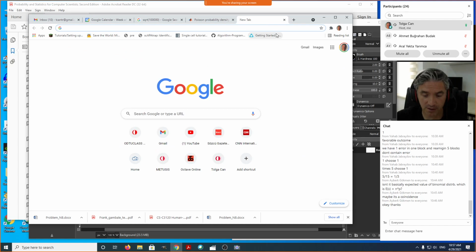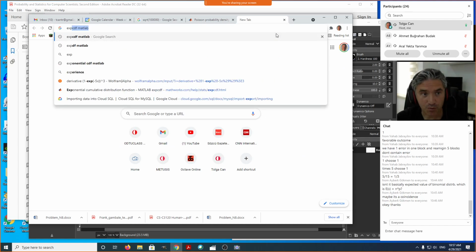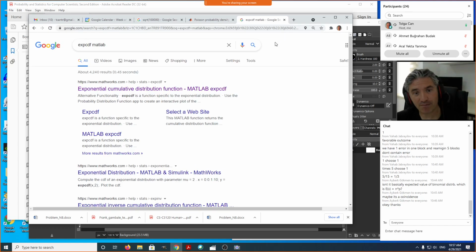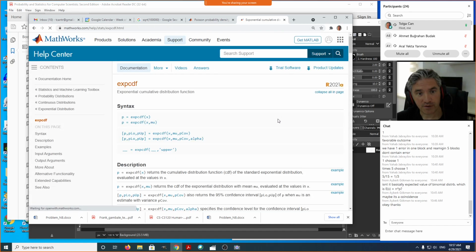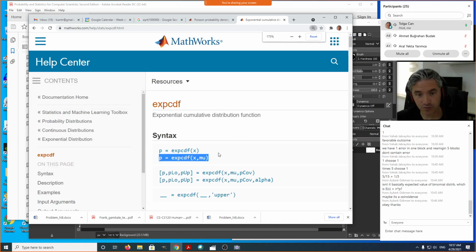It actually gets mu. If you use the exponential CDF function for MATLAB, you don't see lambda here. You see mu, which is actually 1 over lambda.